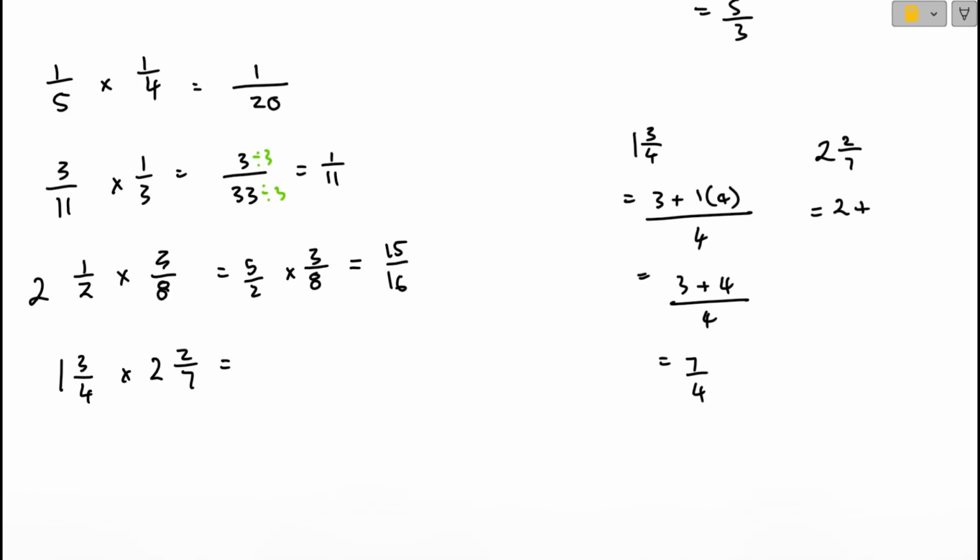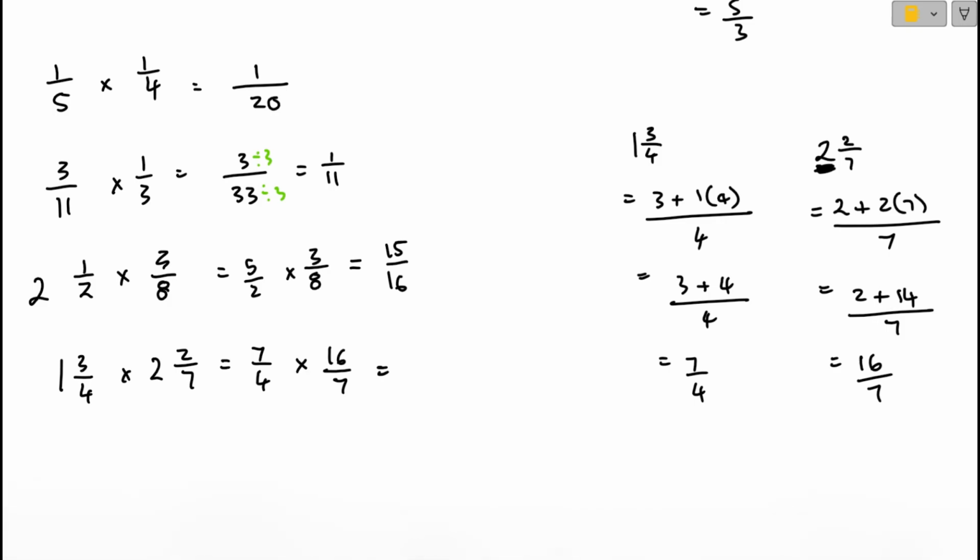Okay, so we have 2 times 7 is 14 plus 2, that will give us 16 over 7. Okay, let's go ahead and write these values over here. So we have 7 over 4 times 16 over 7.